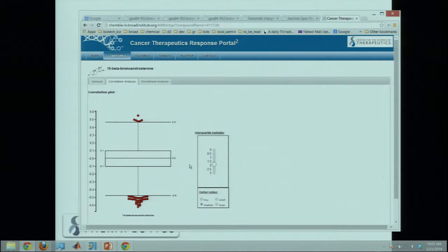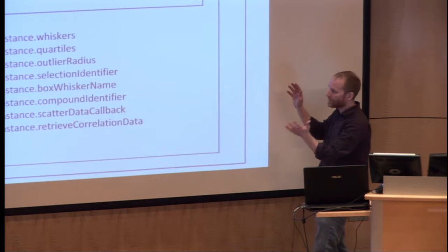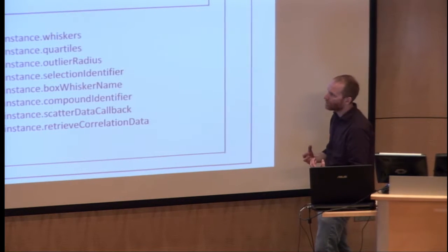But that is not the only encapsulation that goes on. So let me go now to this slide. I took the JavaScript file that defines the box whisker plot, and I made a box diagram that describes how the modules sit inside one another.